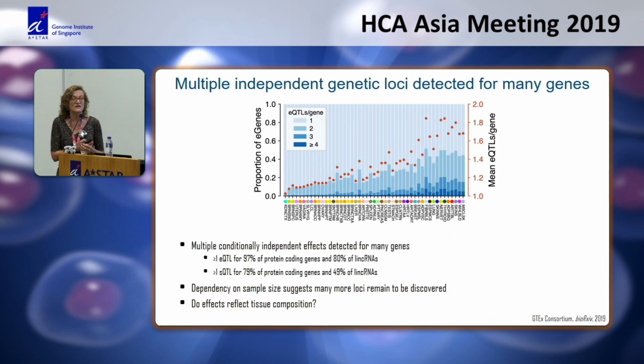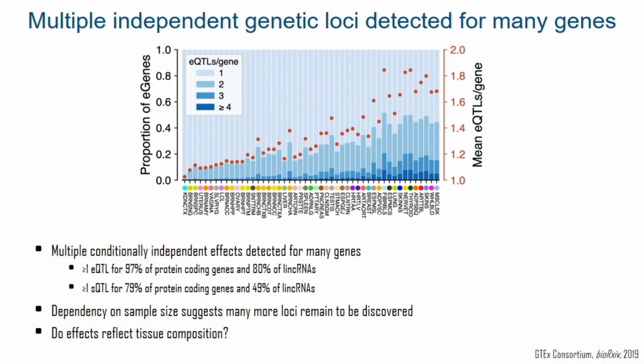As we heard this morning, we're now well-powered enough to discover multiple conditionally independent signals for many of these genes as well. So these are the tissues on the bottom sorted by sample size going right, and you can see that there are many tissues there that have 4 or more independent eQTLs per gene, and the red dots show the mean of that, so a mean of about 1.8 to 2 independent eQTLs per gene.